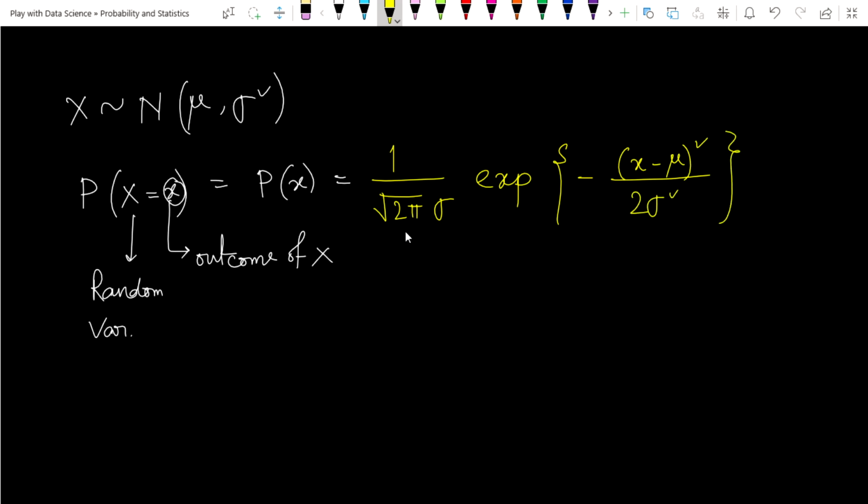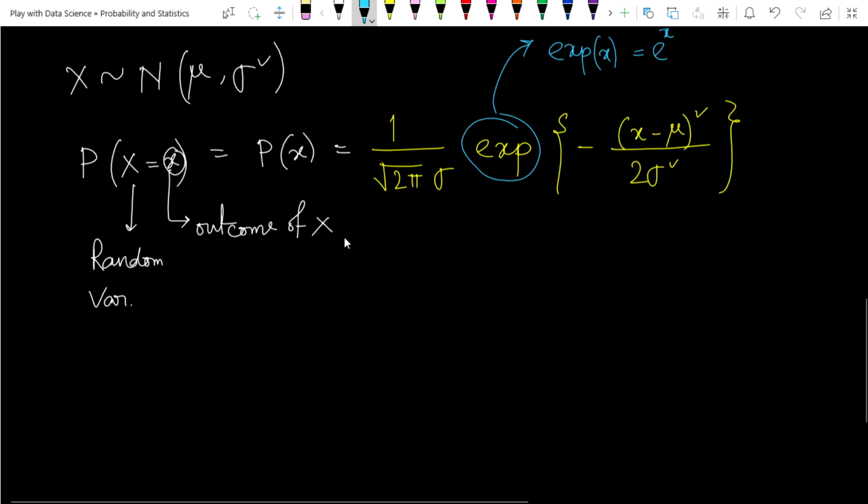This is the main equation of the normal distribution. Exponential means exp of x, simply this one. Programmatically, instead of writing e to the power x, we write exp of x. Okay, this is the simple equation.